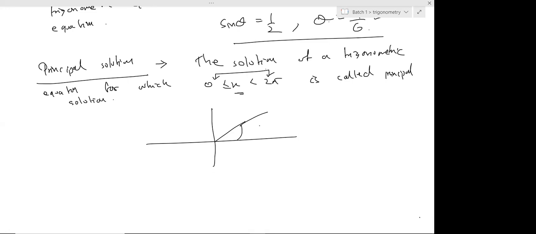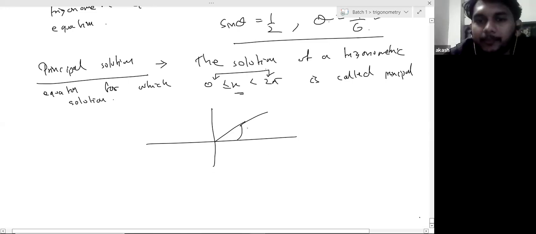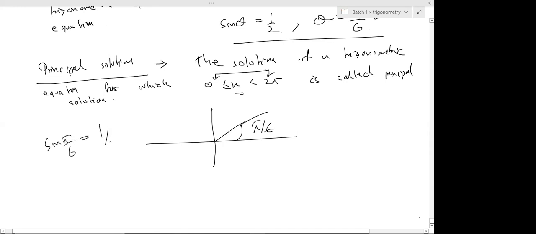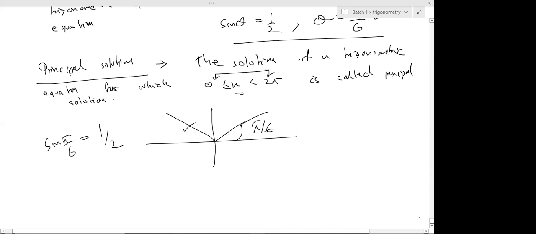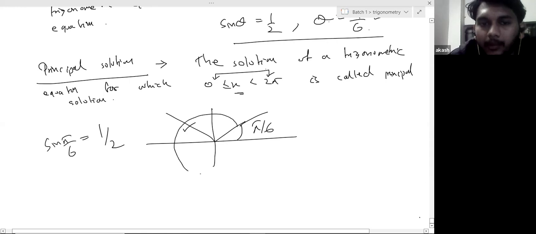In physics we can say periodic motion is to and fro motion. So if I say an angle of pi by 6, we know sine pi by 6 is half. Now in the second quadrant also sine is half somewhere. Now if you take a circle, you move 2 pi.